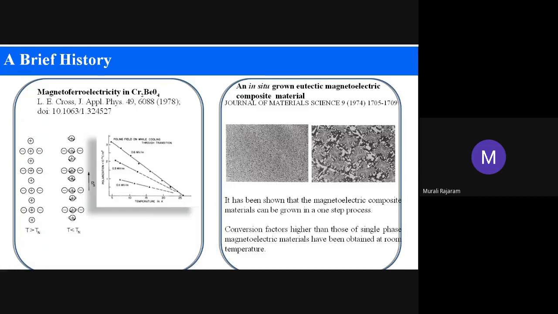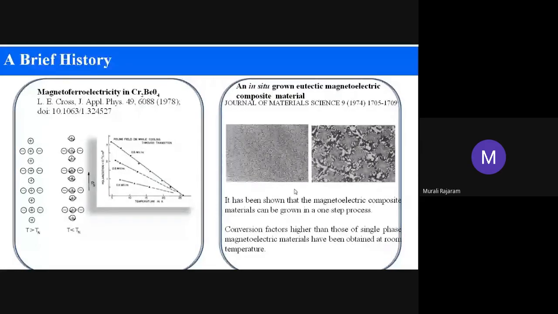They cooled it, and then found a composite material with a clear pyramidal shape of the spinel phase in a matrix of the perovskite phase. So this was reported in 1974, and after that there was quite a long gap. There was no report on these kinds of composites.